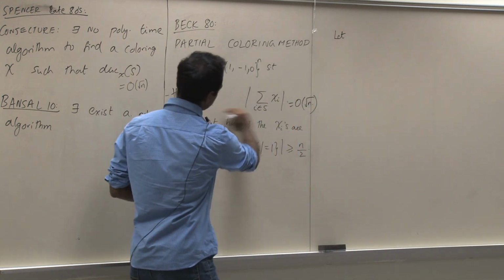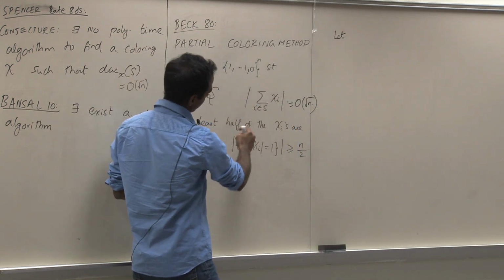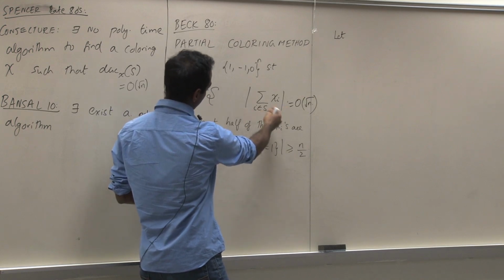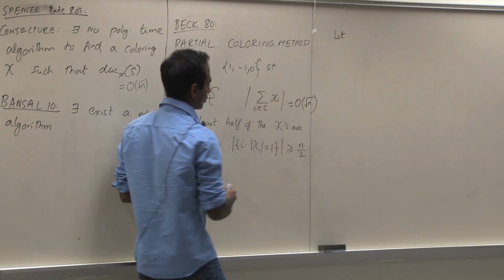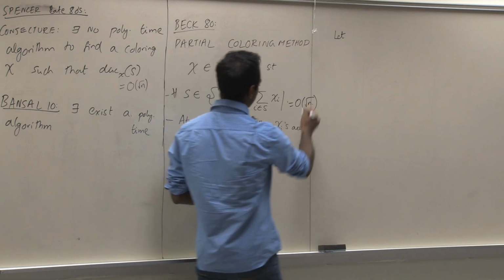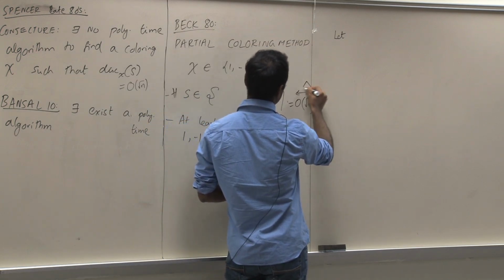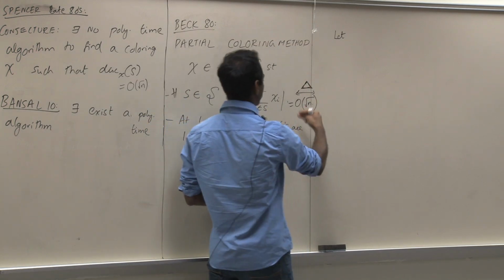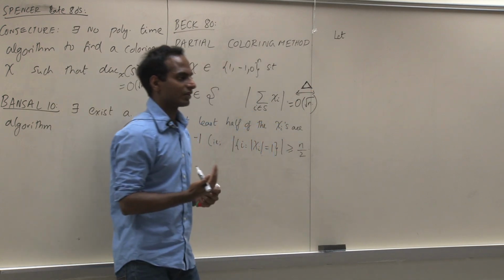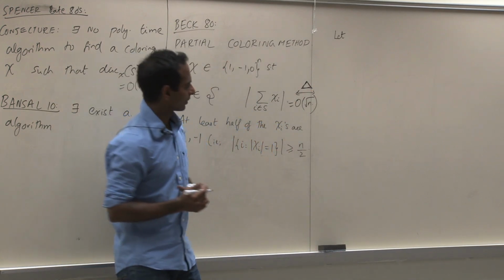So we have all of these constraints here, right? The summation of the chi's in each set is at most O of root n, and let's call this parameter delta. We'll set delta to be root n at the end, but initially it helps to have some flexibility about it.